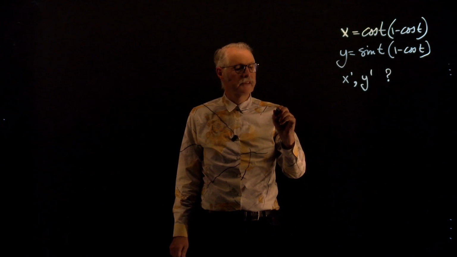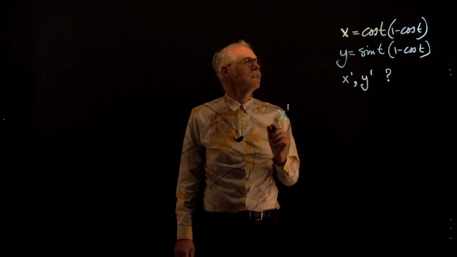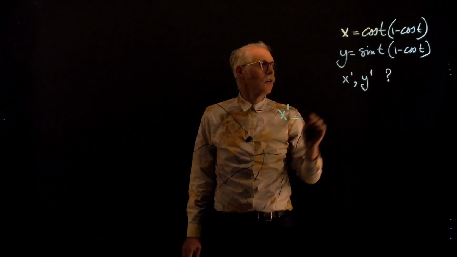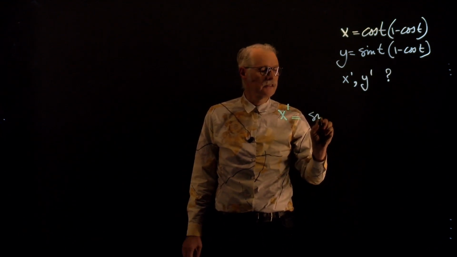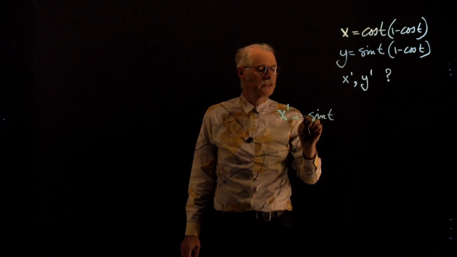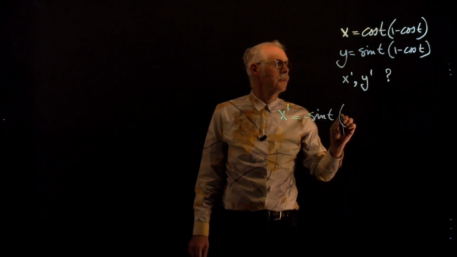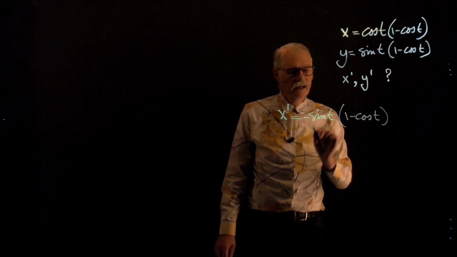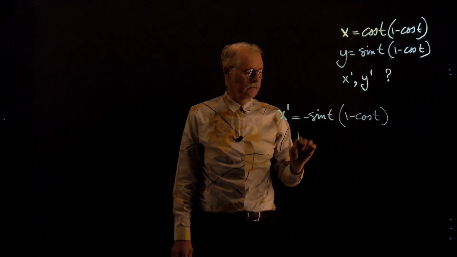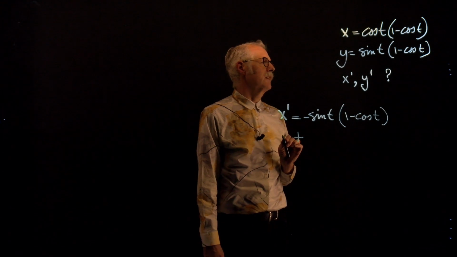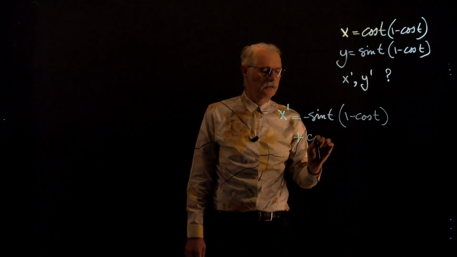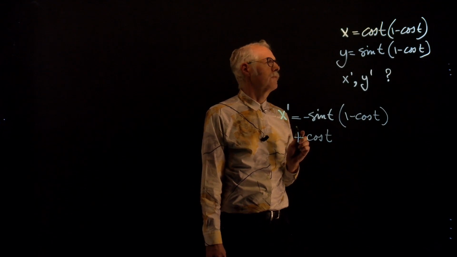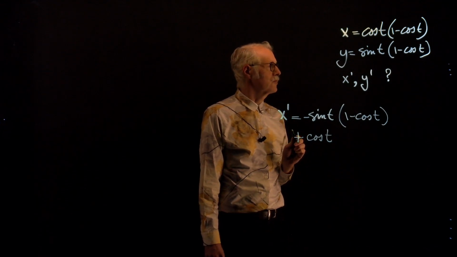So finding the derivative of x, t being the variable, we first take the derivative of cosine t, which is the sine t, but I add a minus sign, and I do not touch the part between the brackets. And then I have to add the same thing the other way around. I do not touch the cosine, but I take the derivative of the 1 minus cosine.